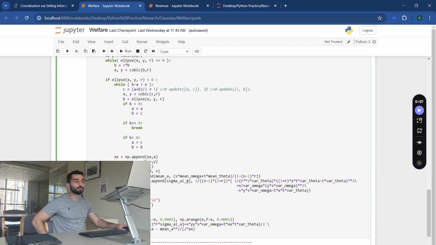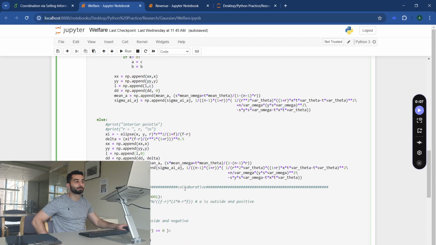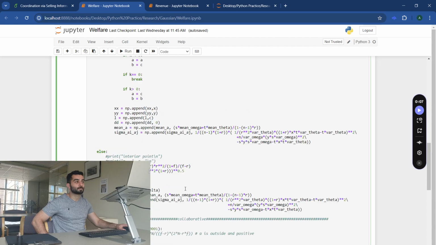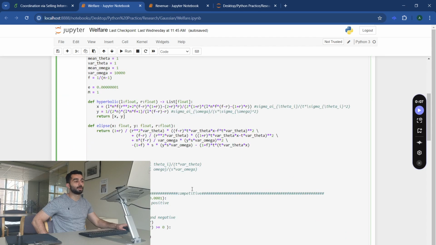And cubic is not defined. Where is cubic? Okay, I think it's just there.